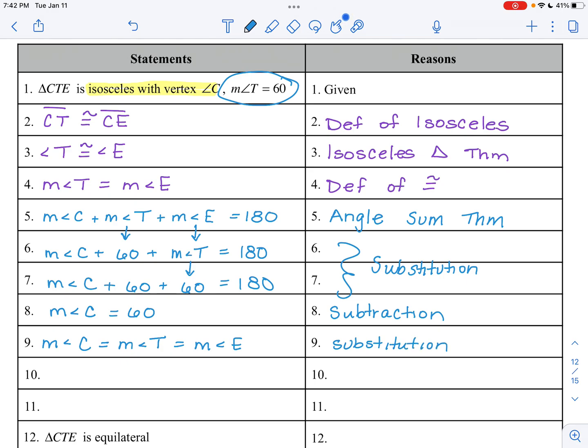Of course, if their measures are equal, that means that those three angles must be the angles of an equiangular triangle. Before we can say that, however, we have to show that they are congruent. So I have angle C is now congruent to angle T, is congruent to angle E by our definition of congruent.